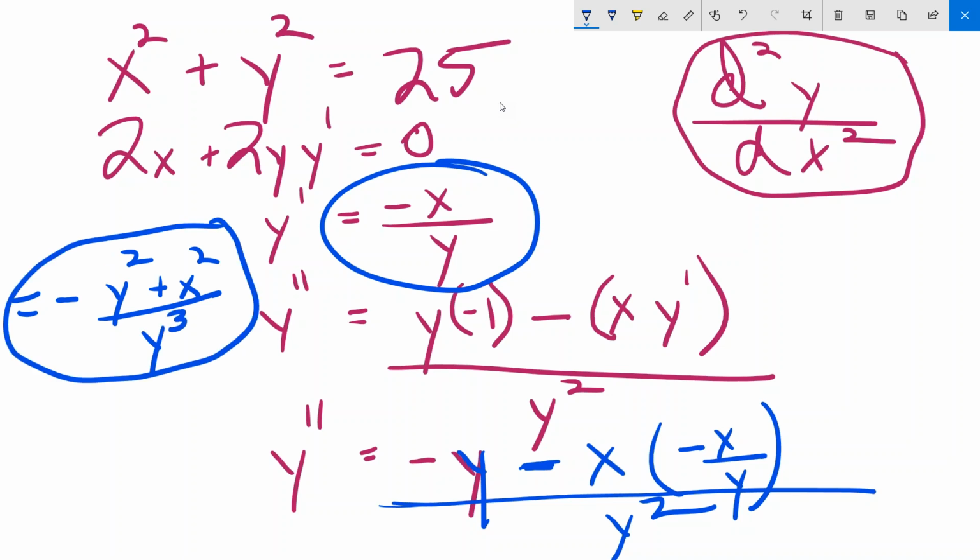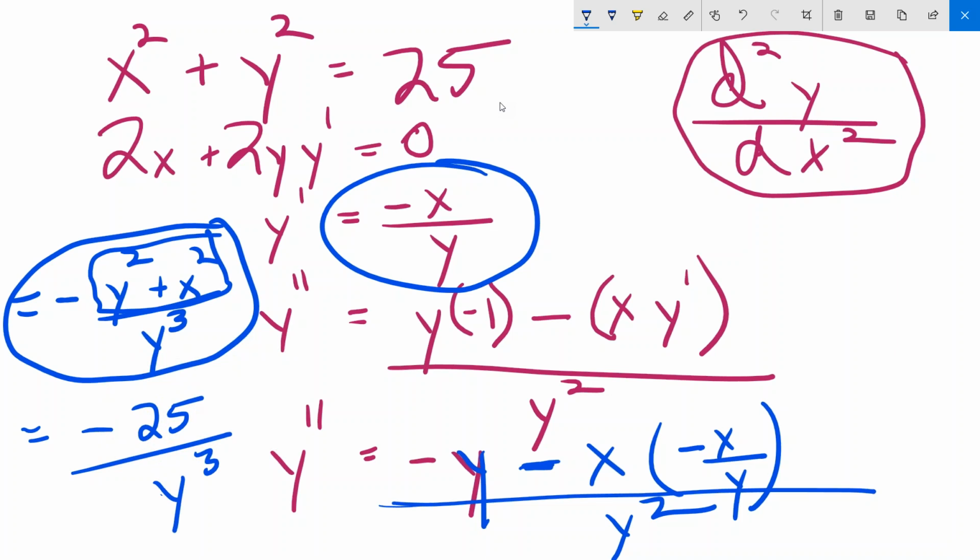So that's the second derivative. Oh, yeah, we happen to know what that is. What's that? That is 25. So this is really minus 25 over y cubed.